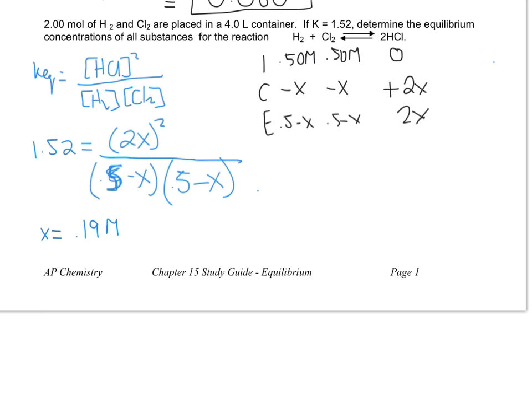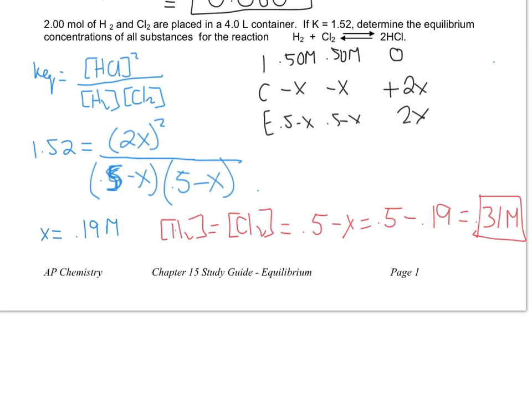if you wanted to solve for the concentrations, so you want the H2 concentration, which is equal to the Cl2 concentration. Both of them are 0.5 minus x, which is 0.5 minus 0.19, so that's 0.31 molar.